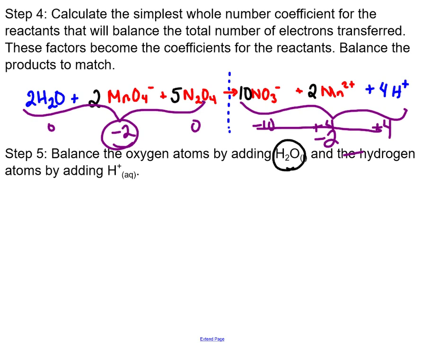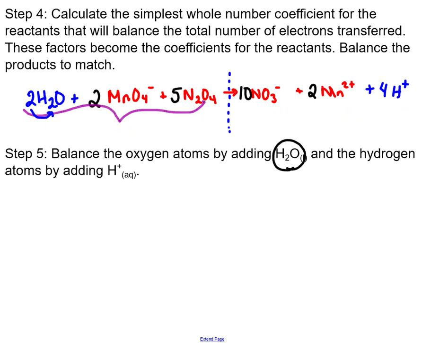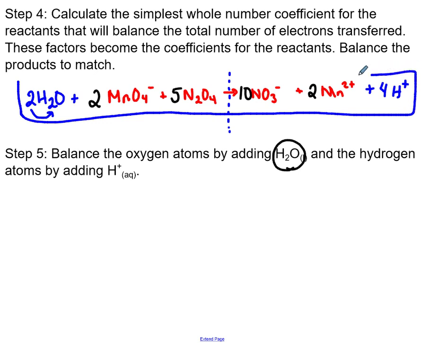So I'm just going to get rid of that. And perfect. So this is now our balanced chemical reaction. It's really hard for me to draw on this thing. There we go. Perfect. That's our balanced chemical reaction.